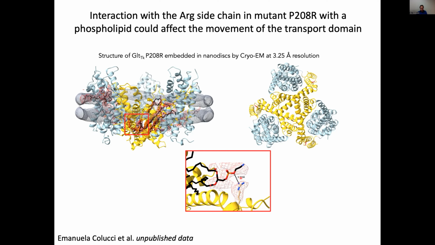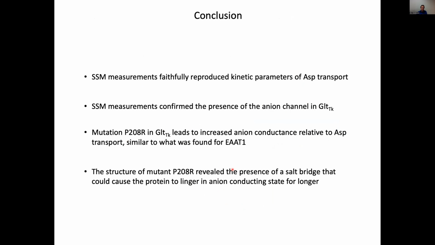But because it lingers longer in this particular state, it will affect the coupled transport of sodium and aspartate. So this is the hypothesis we have now. We still need to work on this.